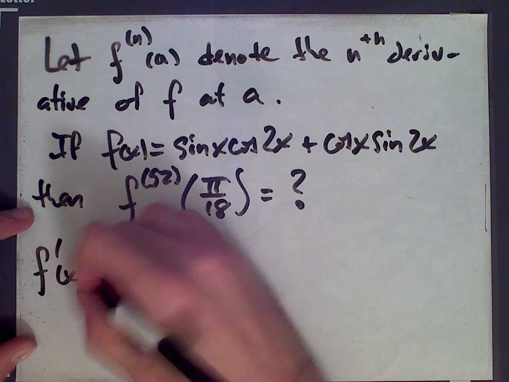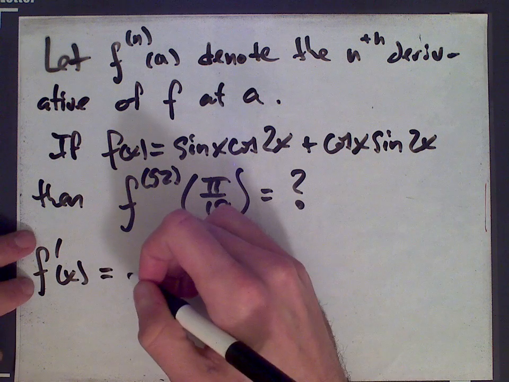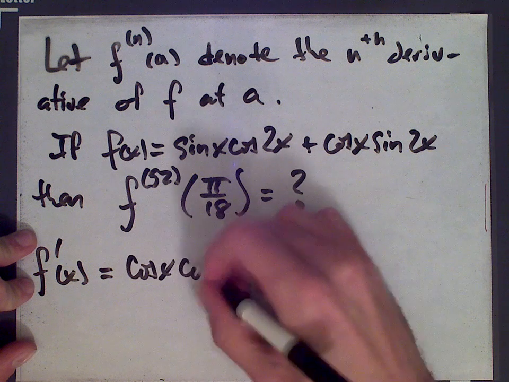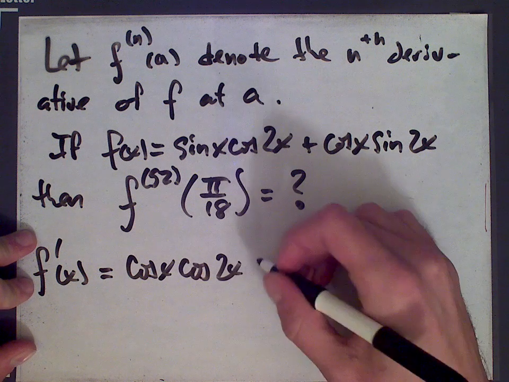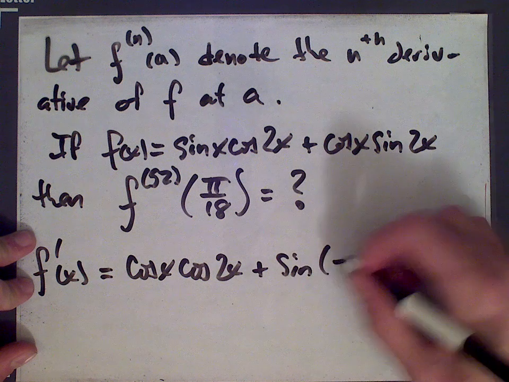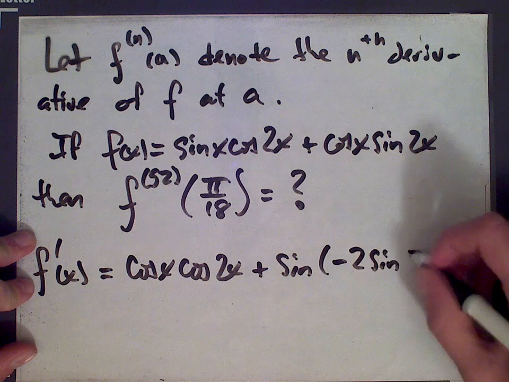F prime of x is cos x cos 2x plus sine x times negative 2 sine 2x.